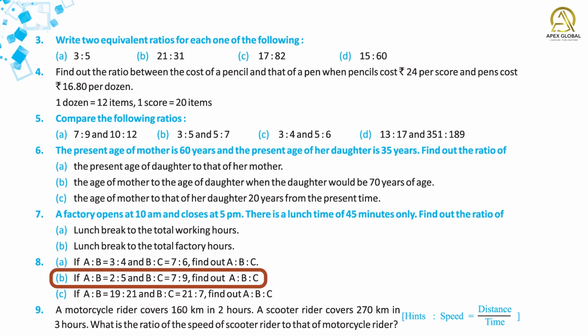B. If A ratio B equals 2 ratio 5 and B ratio C equals 7 ratio 9, find out A ratio B ratio C. Solution 14 ratio 35 ratio 45. C. If A ratio B equals 19 ratio 21 and B ratio C equals 21 ratio 7, find out A ratio B ratio C. Solution 19 ratio 21 ratio 7.